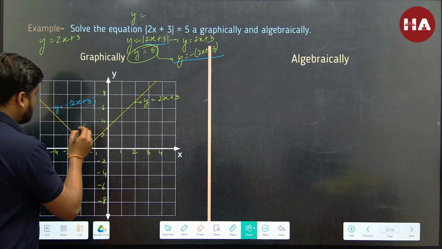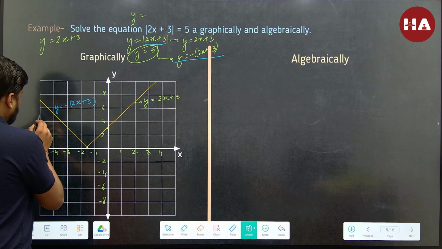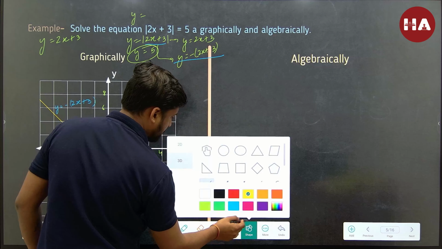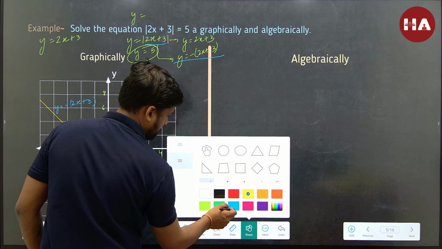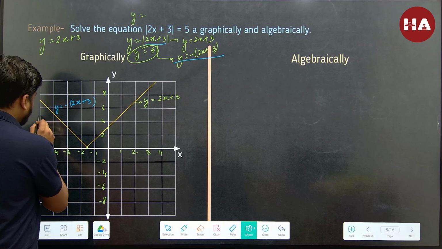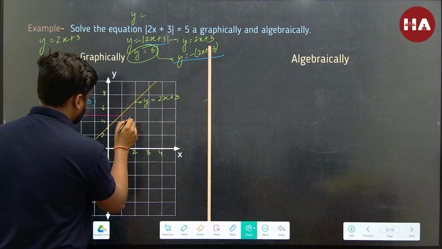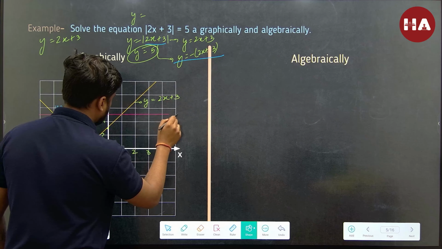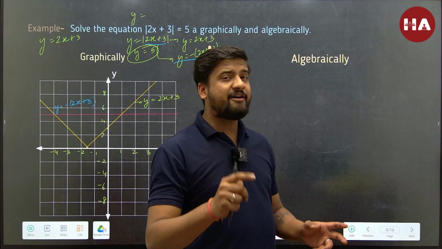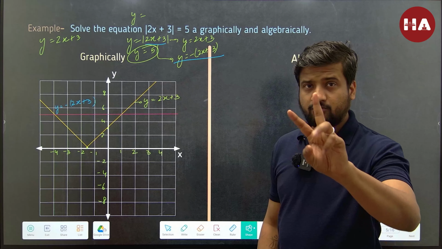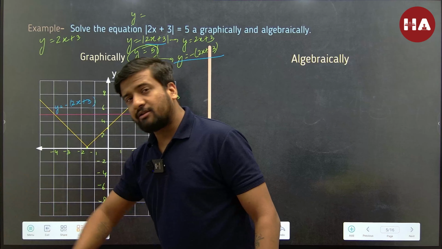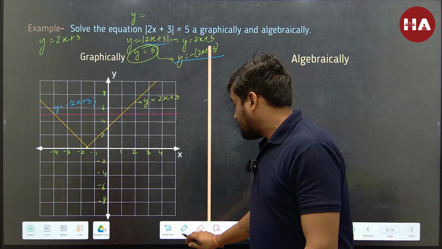So y equals 5 will be a line something like this. All right. So I have two solutions. Now how two solutions? The pink line and the yellow line are intersecting at 2 points.